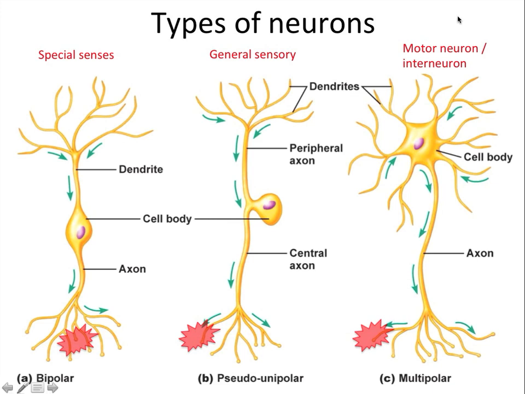So with a motor neuron, this cell body is going to be within the spinal cord itself. And so it's going to receive a signal through these dendrites saying, you must fire, you need to send a message to the muscle to fire. So that action potential goes down through the axon and will tell a muscle down here to start firing.